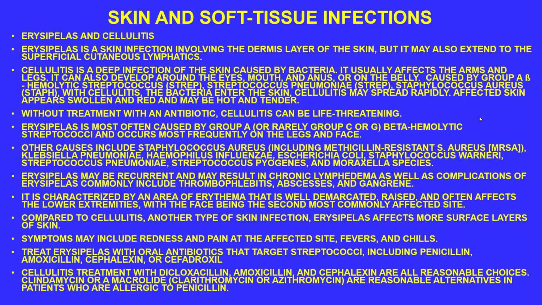Okay, Klebsiella pneumoniae, Haemophilus influenzae, E. coli, and Staphylococcus warneri. Now, Streptococcus pneumoniae, Streptococcus pyogenes and Moraxella species, all of these may contribute or actually be the main infectious agent here.